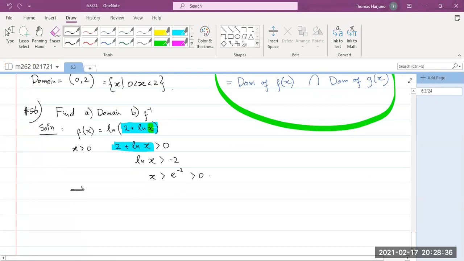With that said, the domain of the function is e to the -2 up to infinity. That's for part A.